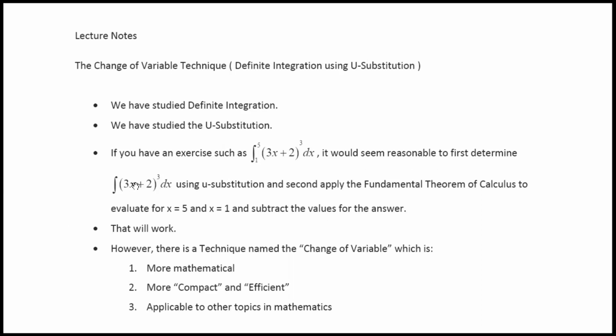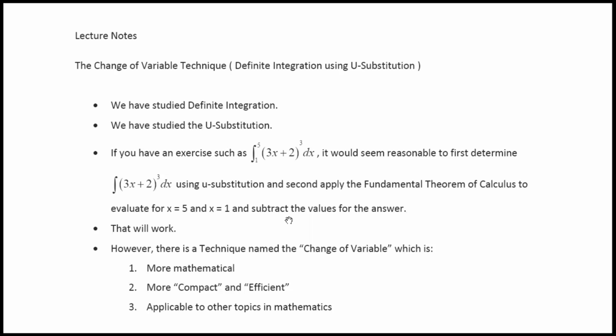In other words, use U substitution and find the integral. And then after you get that answer, apply the fundamental theorem of calculus, that is, treat it as a definite integral and put in 5 for your variable and 1 for your variable and find the difference of the two to get the answer.